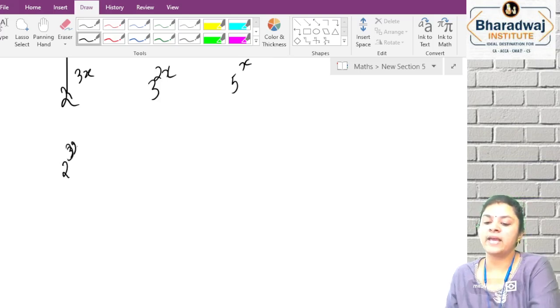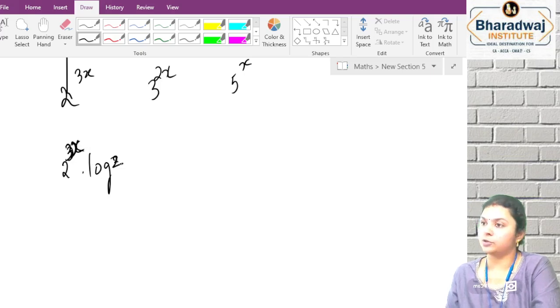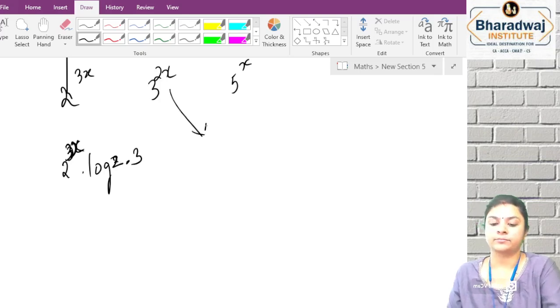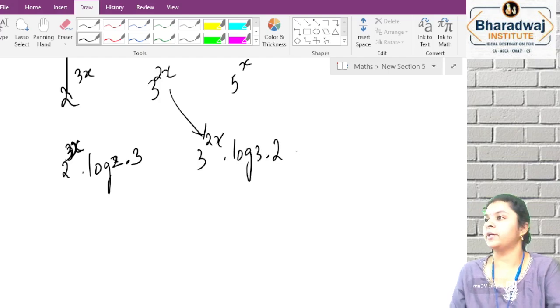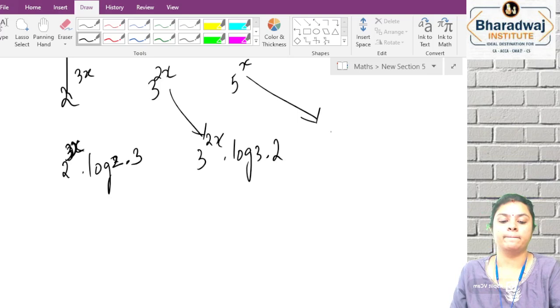2 power 3x log 2 into 3. What do we get? 2 power 3x, log 2 into 3. 3 power 2x into log 3 into 2. 5 power x into log 5.